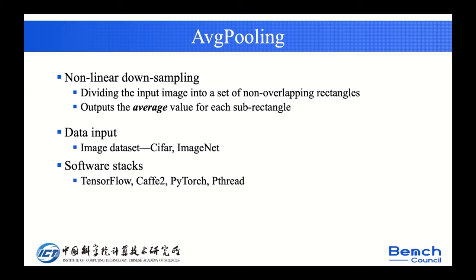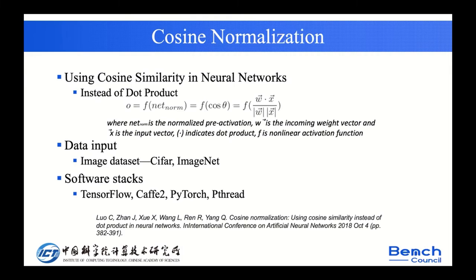Average pooling is also a downsampling method. It divides the input image into a set of non-overlapping rectangles, and outputs the average value for each sub rectangle.